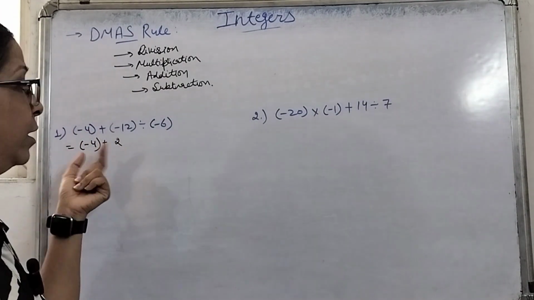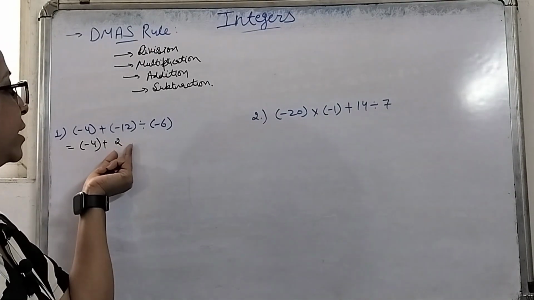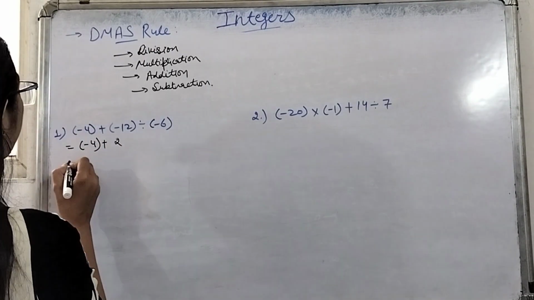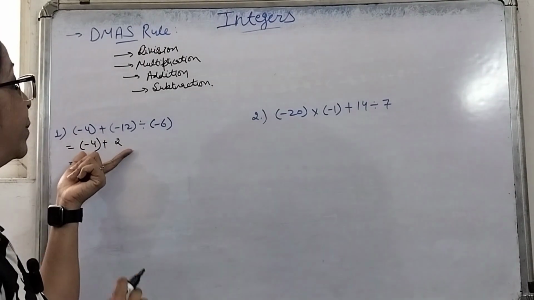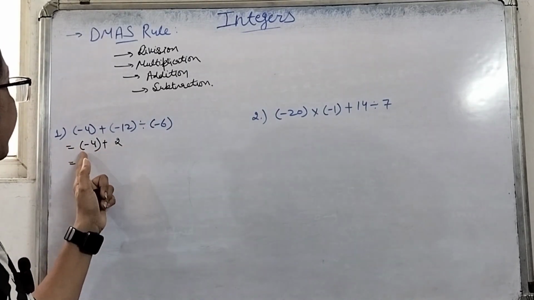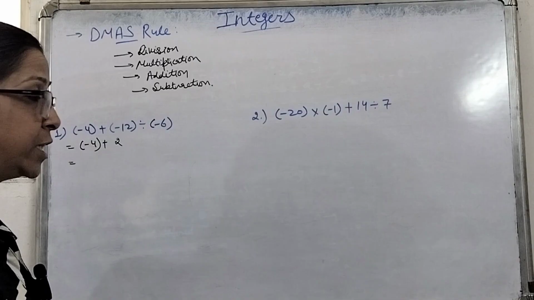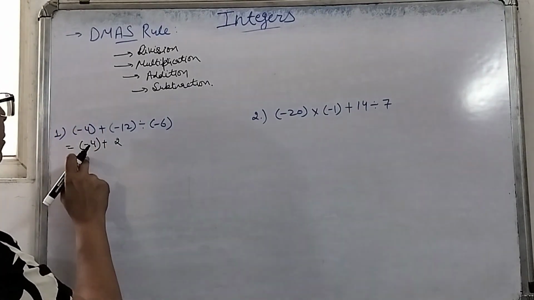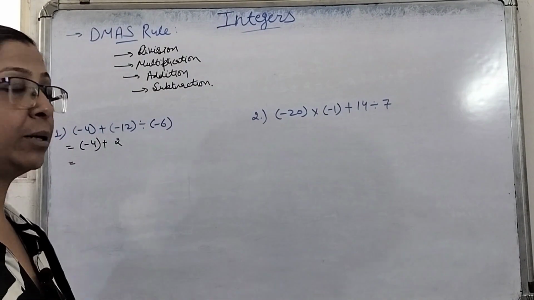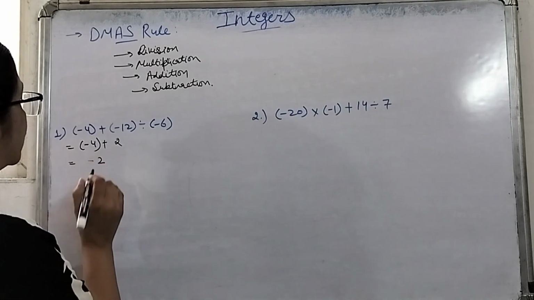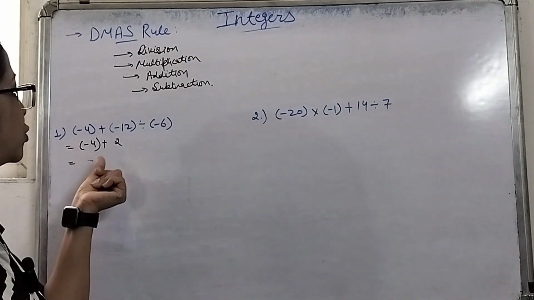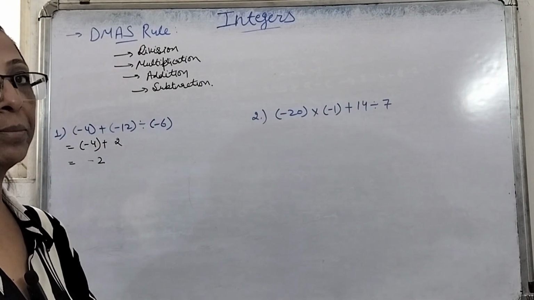Now we have to add. One integer is negative and the other is positive, so we subtract these two, minus 4 and 2. The difference of 4 and 2 is 2, but the negative number is greater than the positive number, so the final answer will be minus 2. So minus 4 plus 2 will be minus 2.